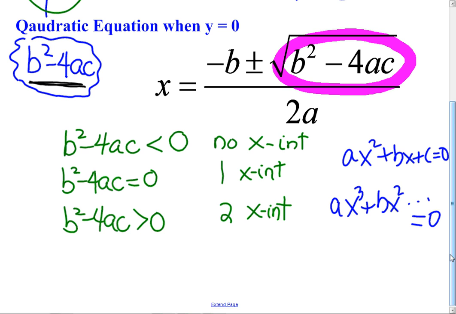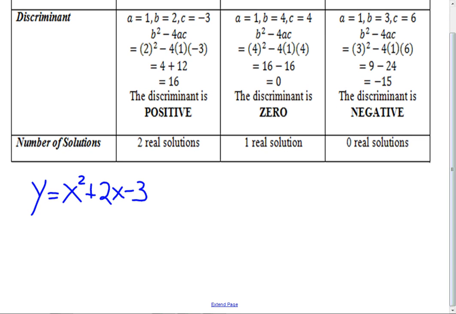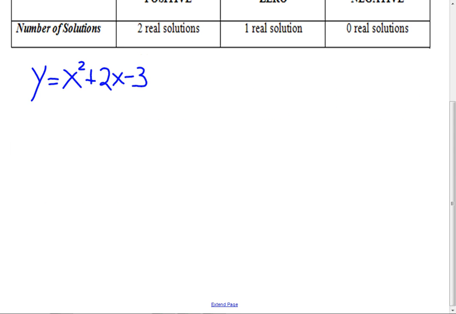So that's what we're going to look for. So let's go over here and do the examples. Should we look at the graph first? Do you want to see what it looks like? Usually helps to see what it looks like. So we're going to look at this.